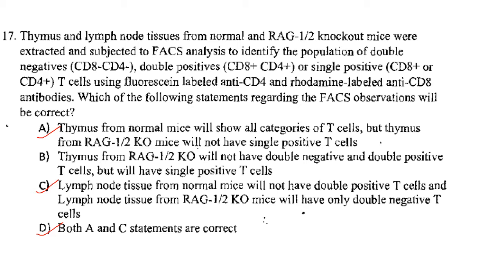So the RAG1 and RAG2, I told you they are responsible for the T cell receptor gene rearrangement, alpha and beta. So in RAG knockout mice, both the B cell and T cell are absent from the lymphoid organs because there is no RAG1 and 2 to help in the rearrangement of the T cell receptor region in developing T cells.